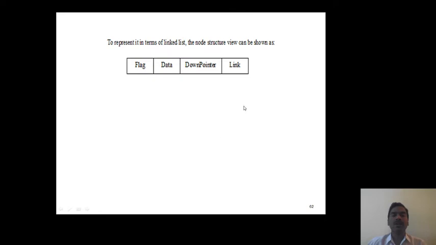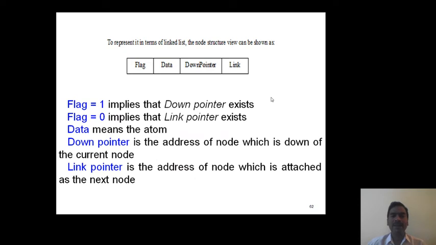Now, to represent this type of format, the node structure can be designed with four parts: flag, data, down pointer, and link. Here the flag value is either 1 or 0. If the flag value is 1, it implies that the down pointer exists.